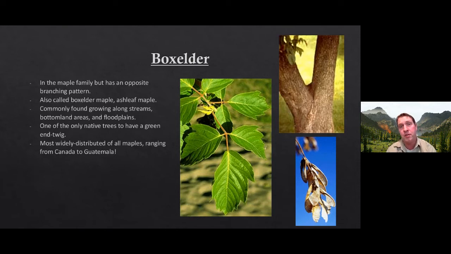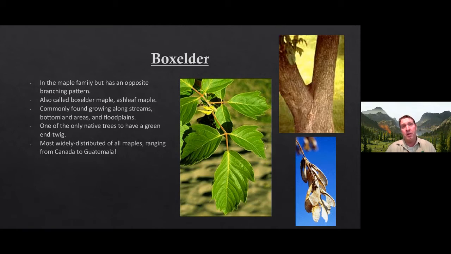This one is also a bottomland tree species, so it grows along streams, floodplains, and low-lying areas. This tree is usually not much of a timber tree just because of its growth characteristics. It's not a very straight tree.